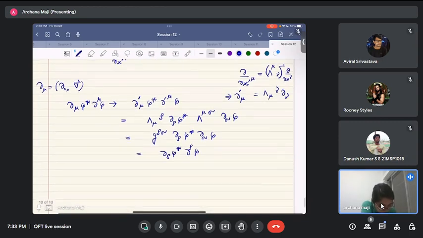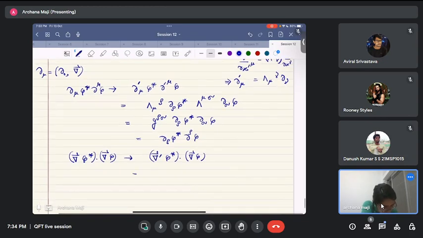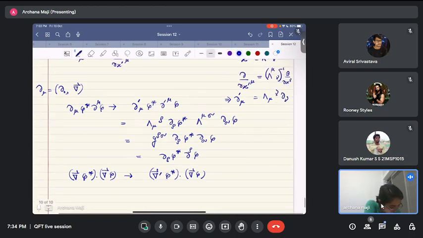Now suppose you are looking at gradient of phi star dotted with gradient of phi, that under Lorentz transformation will become the primed version. But now this we could replace by g, because it also had these zero components, but now those zero components are no longer there.